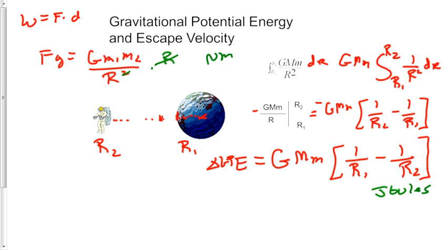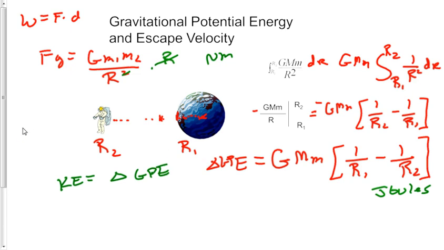Now what about escape velocity? Well, imagine blasting off with such a great velocity that all of your kinetic energy converts to gravitational potential energy. And at the instant you break free of the Earth's gravity, all that kinetic energy went into the change in gravitational potential energy.